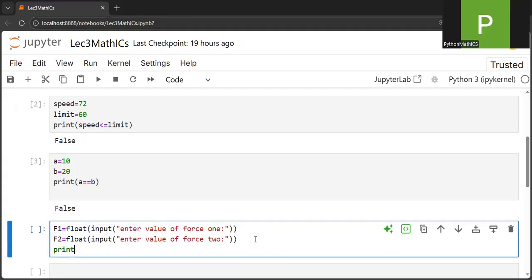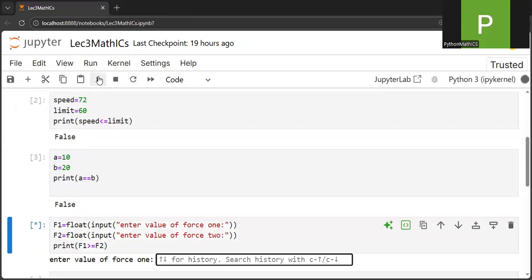And then we say, okay, are the two forces equal? Print F1, let's say greater than or equal to F2. So let's run the code. Enter value of force 1.